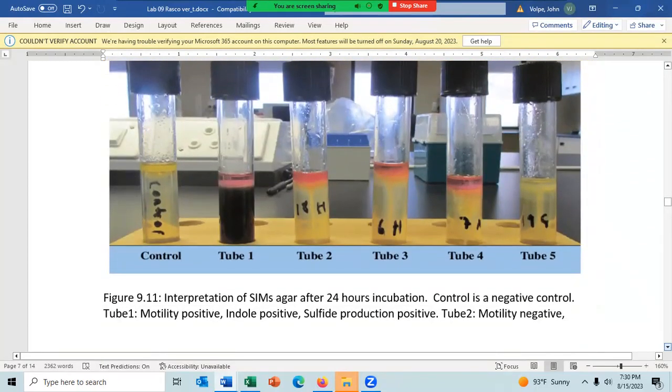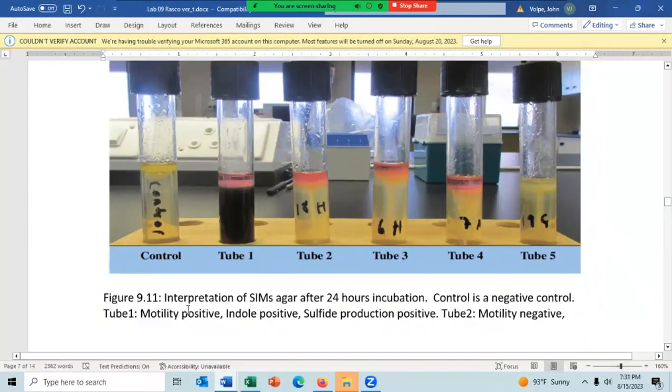This is SIM test, hydrogen sulfide being produced here. As I mentioned, you can't see it because it's black, but because it's black everywhere, we know that this bacteria is motile.